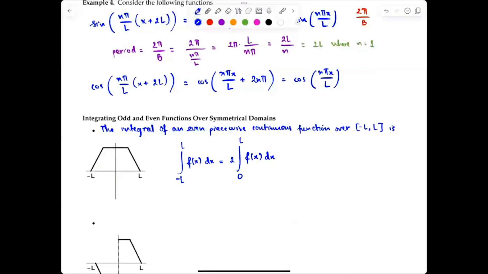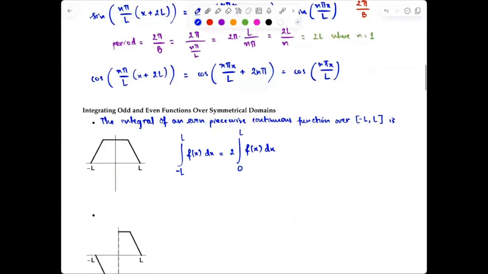Remember, in this case, f of x is an even function. So here y equals f of x, and f of x is an even function. And the interval of consideration in this particular case is from negative L to L, and we call this the symmetrical domain.